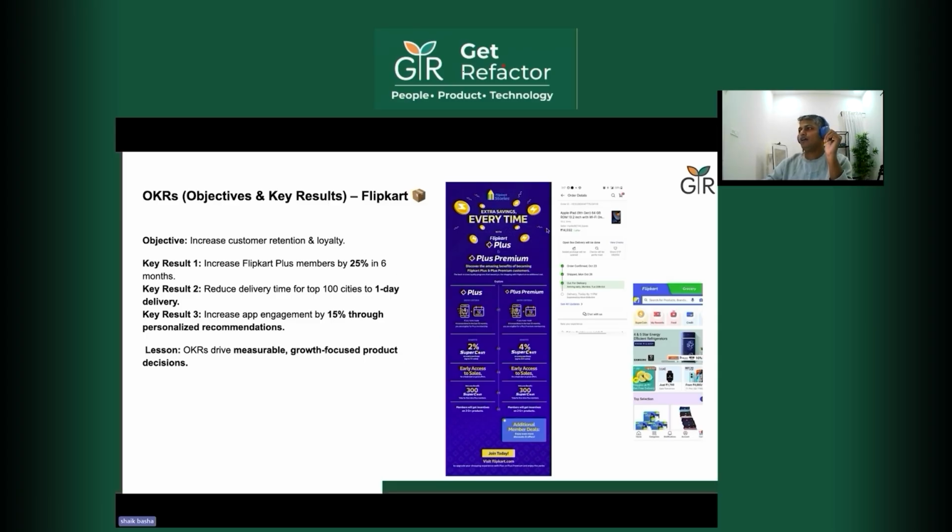And for that you have to change your product. Anything that we want to achieve, such as membership growing by 25% in 6 months, raises the question: how are you going to convince the customer to take membership?